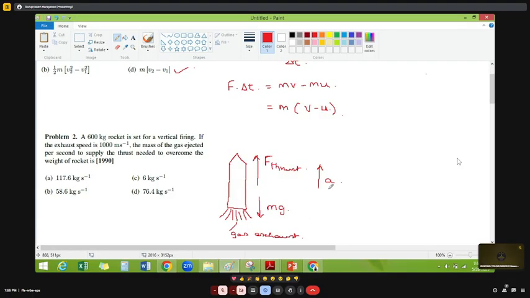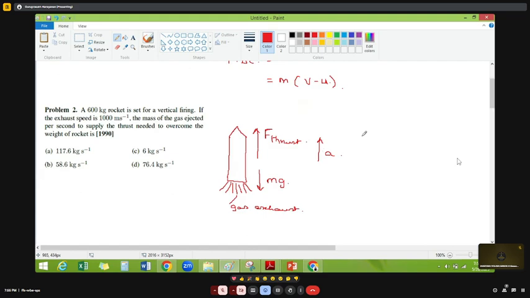Always remember the most important formula in mechanics, in this particular chapter, is sigma F is equal to ma. So that means F thrust minus mg is equal to ma.